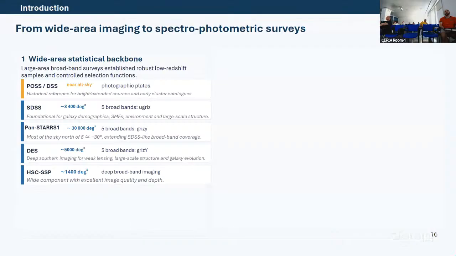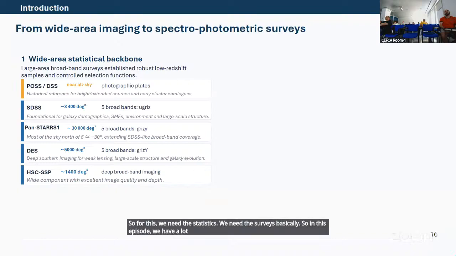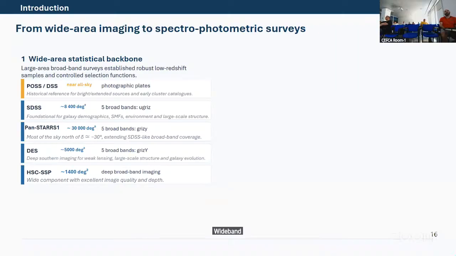So for this, we need the statistics. We need the surveys, basically. In the literature we have a lot, and historically we have the typical wide-band filter surveys like SDSS, which have been doing a lot of science on this.